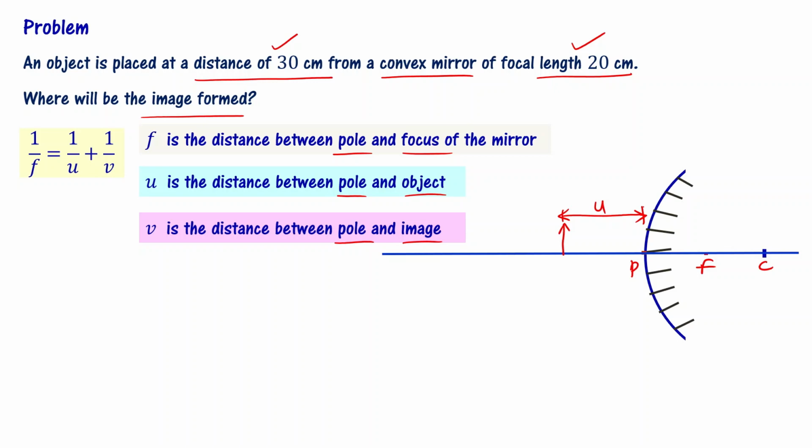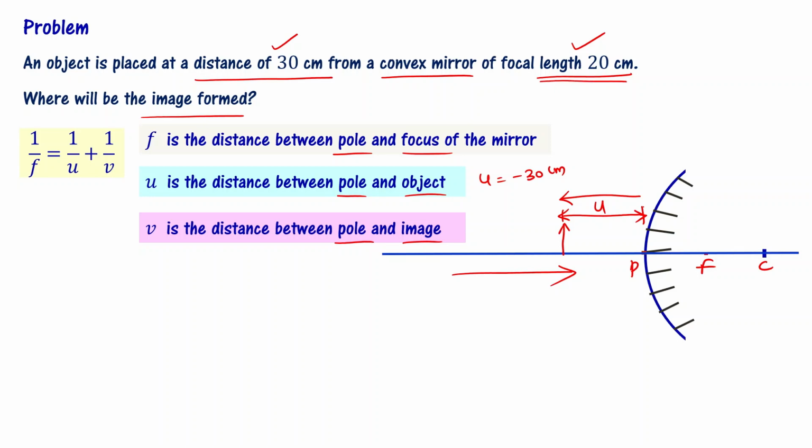But how do we say whether u is -30 or +30? The direction of incident light is in this direction, right? Whereas to measure the distance between pole and the object, we are going in the opposite direction, meaning u is -30 centimeters, right?